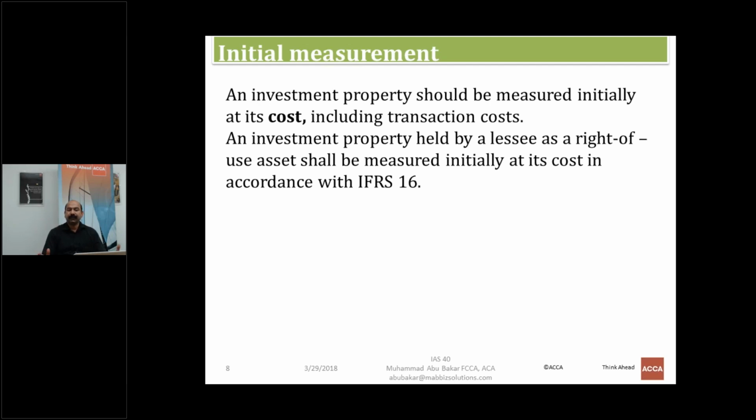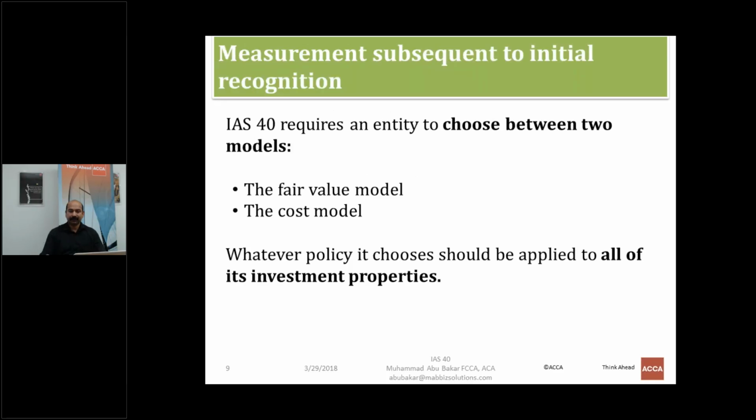So initially, it will be measured at cost. Then an investment property held by a lessee as a right of use asset shall be measured initially at its cost in accordance with IFRS 16. This is the initial measurement.